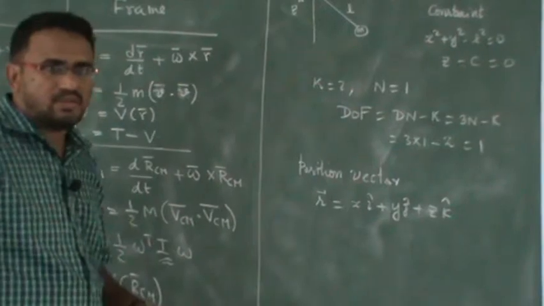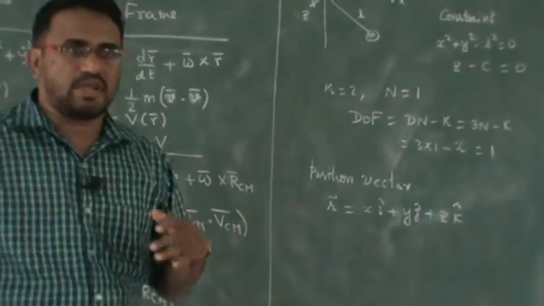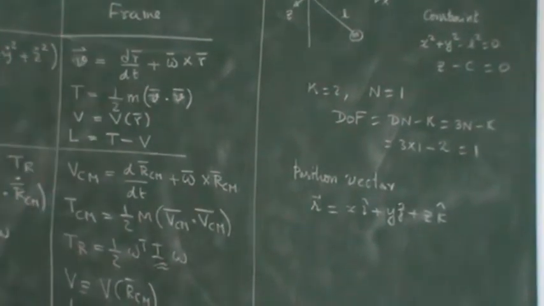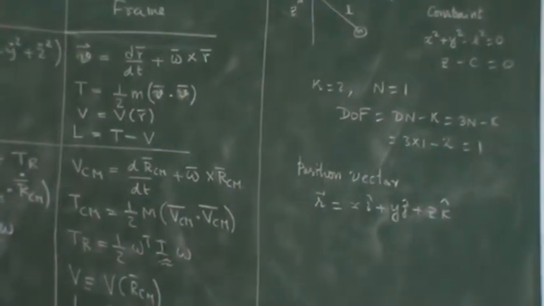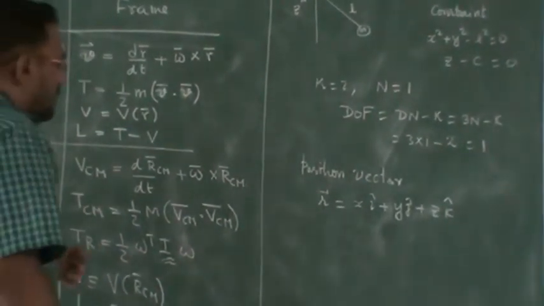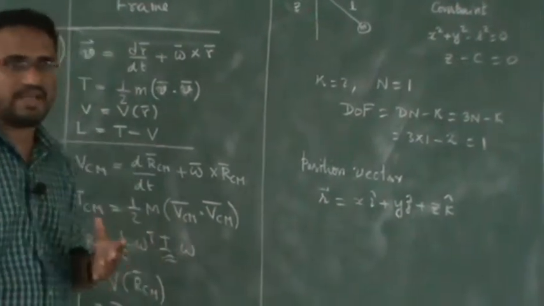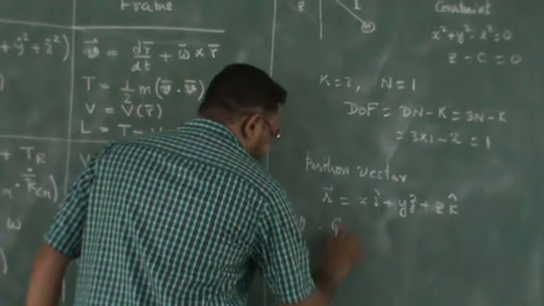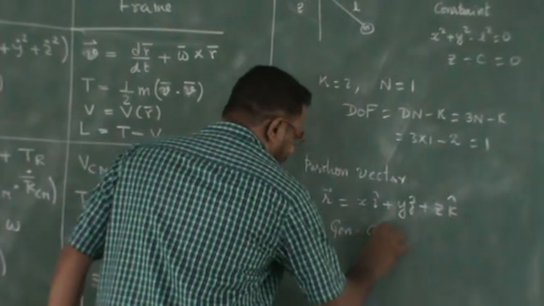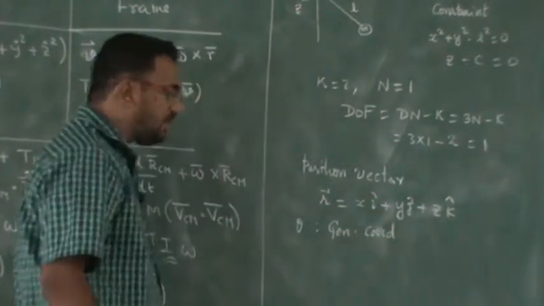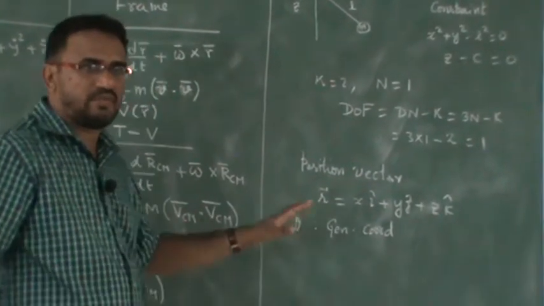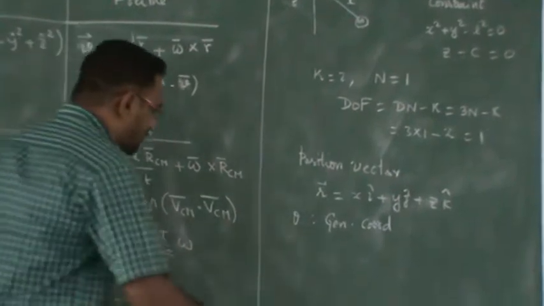We want to work in coordinates that are linearly independent and free from constraint, so that the dynamics does not violate the constraint. We call such a coordinate a generalized coordinate. So theta is the generalized coordinate, which is dimensionless here.